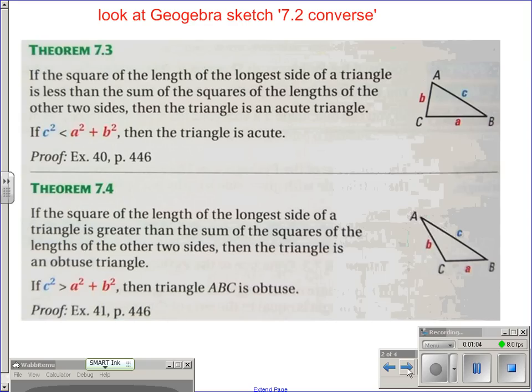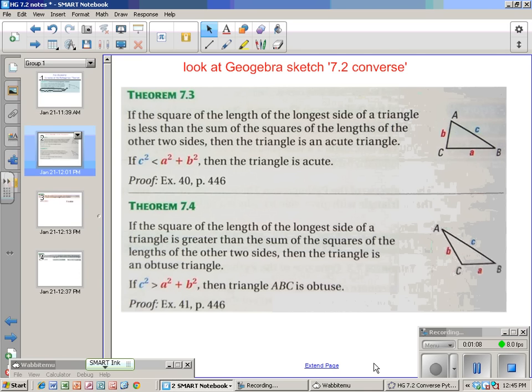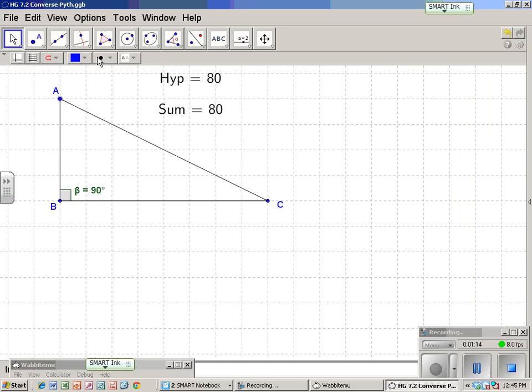So, I want to take a look at a GeoGebra sketch to get this idea. I have this triangle drawn in here. It's a right triangle. You can see that at angle B, it's a 90-degree angle. I have the measure of the hypotenuse squared equal to 80, and this sum equals 80, that's the sum of the squares of the two legs.